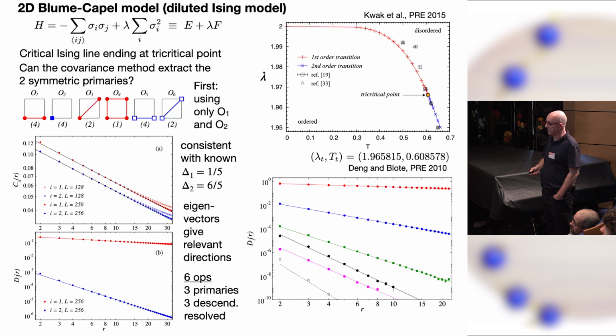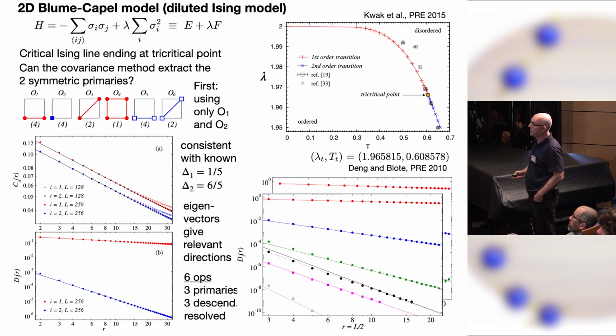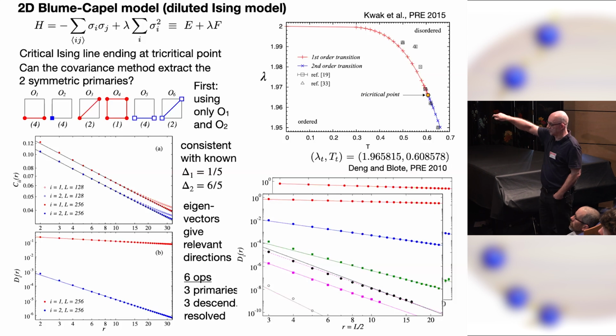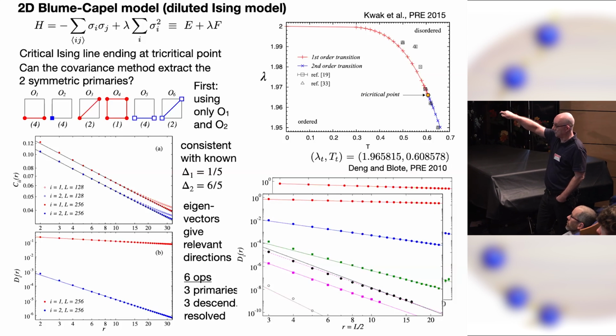And then the other ones are descendants. Of course, the last one here, I don't claim that I can extract it very well, but at least it's consistent. And then one can also do it as a function of L divided by 2 and basically get similar results. There's a little bit of a question about the black and the pink, which one actually has scaling dimension 3 and which one has 3.2, because there's a descendant with 3.2. So it's actually not so easy to see.